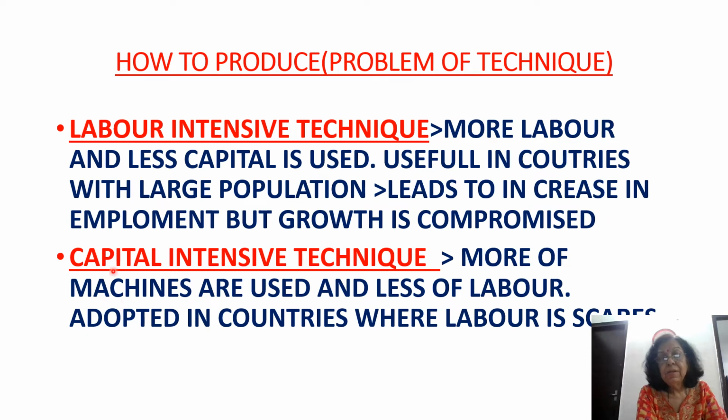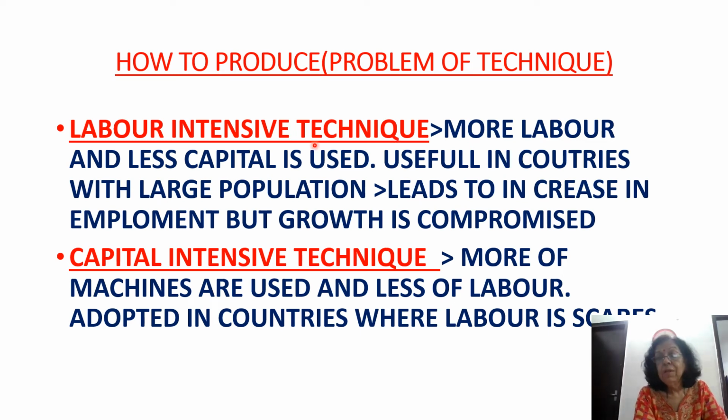Then capital intensive technique. Here more machines are being used. This is beneficial in countries like America or Britain where population is not so high as in India. So in India, we wish to use labor intensive technique.